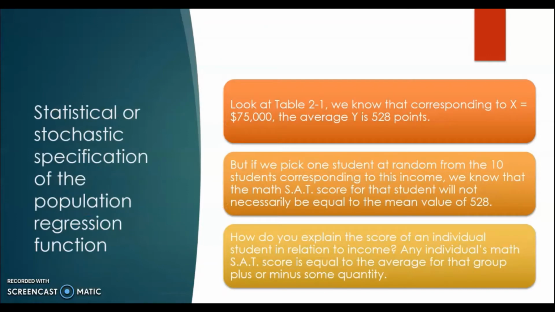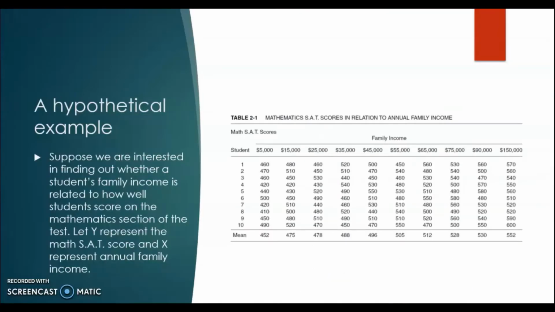Let us look into the regression function in a more specific manner, by taking into account the stochastic specification of the function itself. So for that, let us refer back to table 2.1.